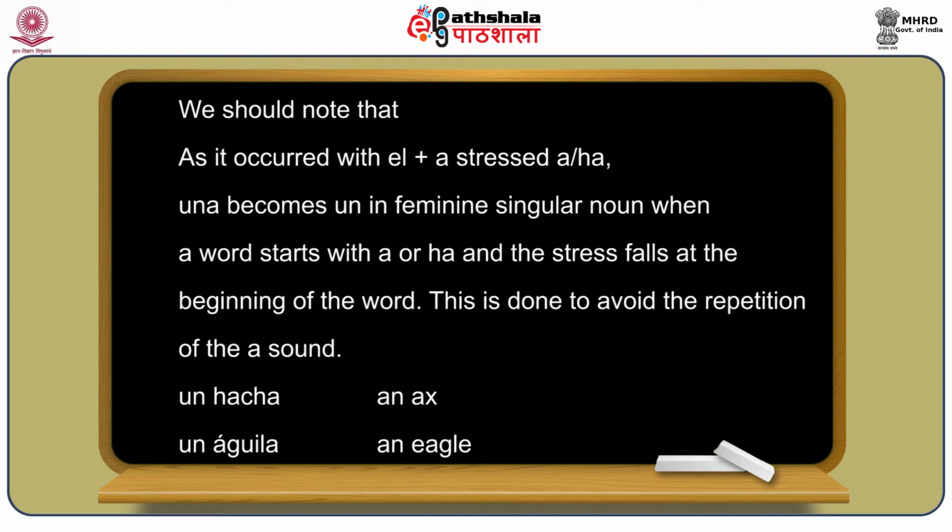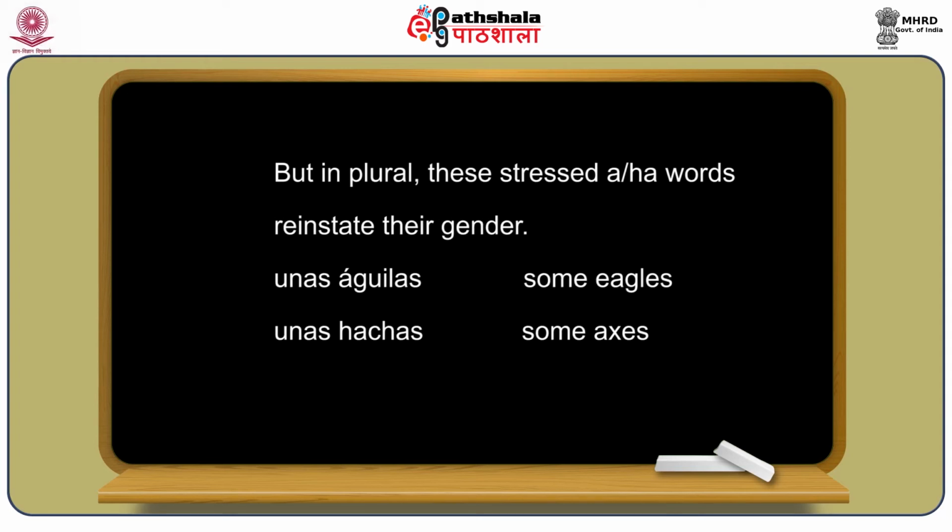Same way with the indefinite article, we will do the same thing. So instead of saying una hacha, we will say un hacha. Instead of saying una águila, we will say un águila. Why so? Just to not repeat the same a twice. But in plural, these stressed words reinstate their gender, meaning that as they are feminine and plural, we will not say unos, but we will say unas águilas y unas hachas, because here in plural there is no repetition of a.